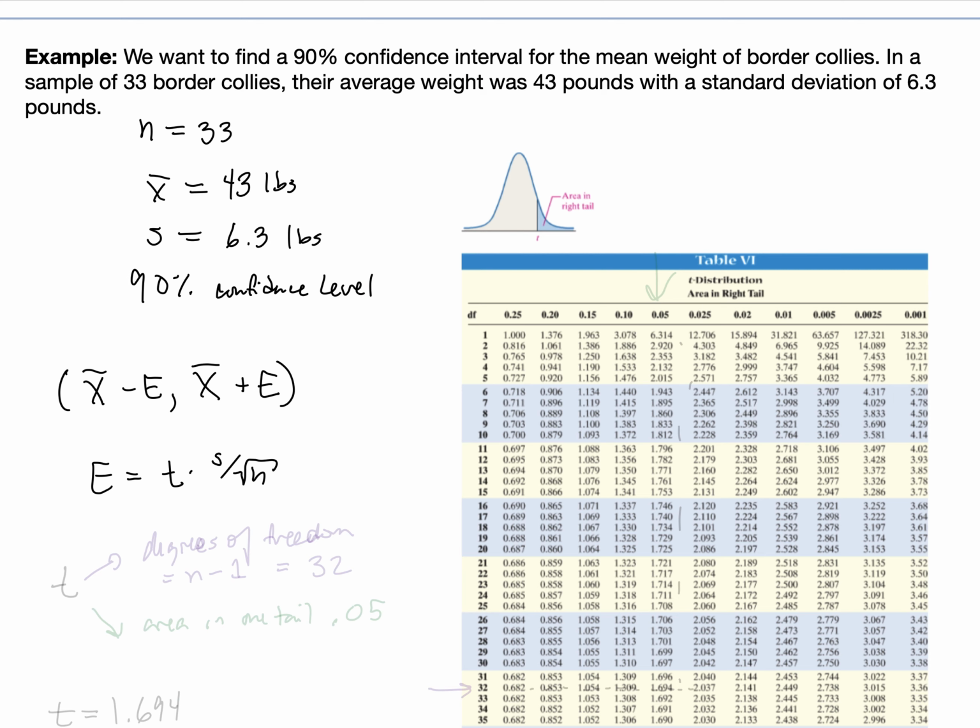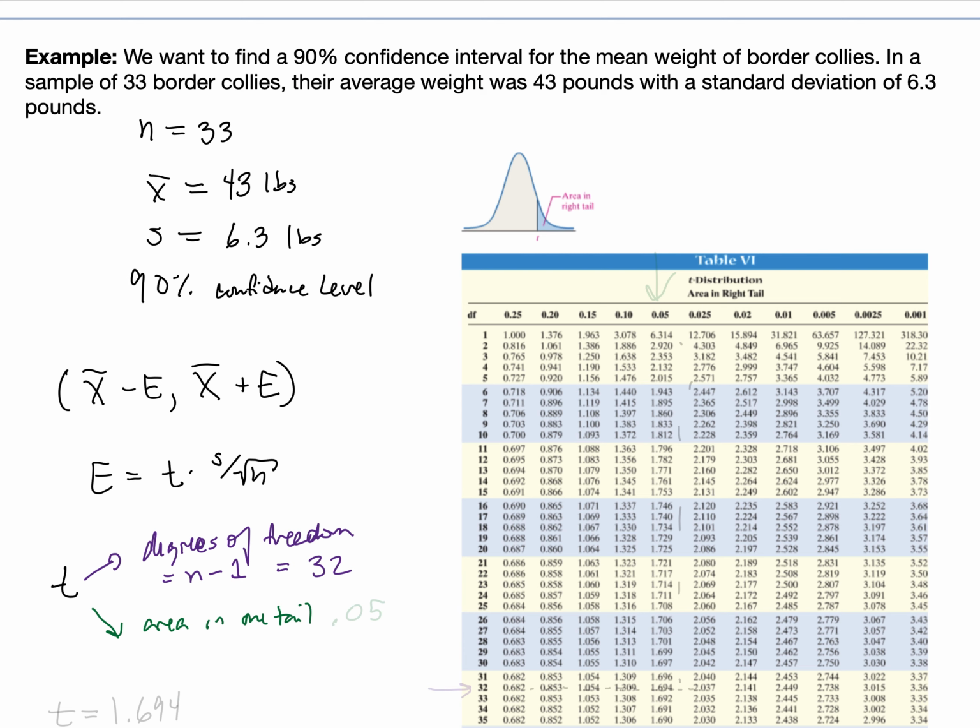So t is based on two things. T is based on the degrees of freedom, which is equal to the sample size minus 1. So in our case, that's 33 minus 1, that's 32 degrees of freedom, and also the area in one tail. For a 90% confidence level, there's 90% in the middle, 10% in the tails.